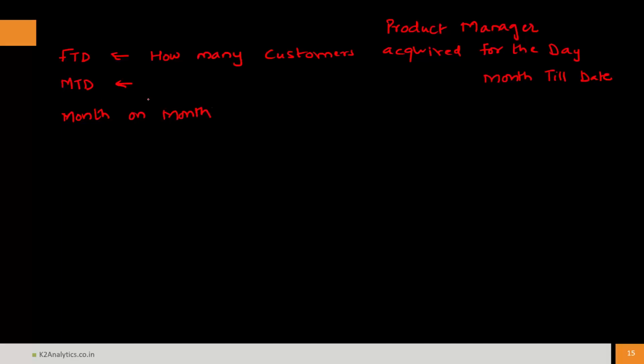Now, when I am on say 18th of May, 20th of May, 23rd of May, the month of May is not yet completed. So it will be month till date. But when I am in the month of May, the April month, the March month, the February month are completed. So that is month on month, right?